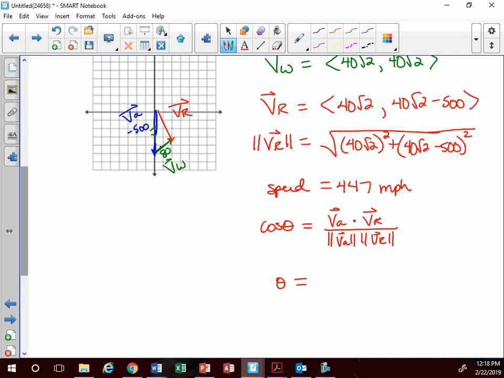Well, that's what our full data set is. You're going to store value. So it's going to be 40 root 2.